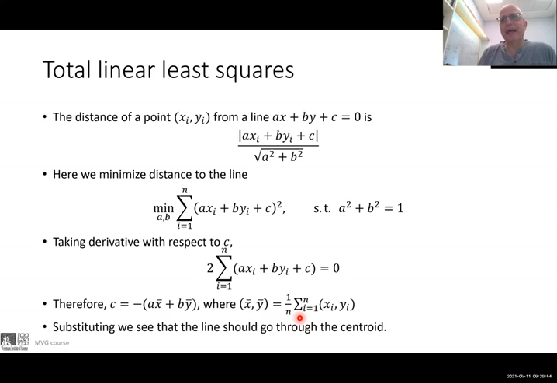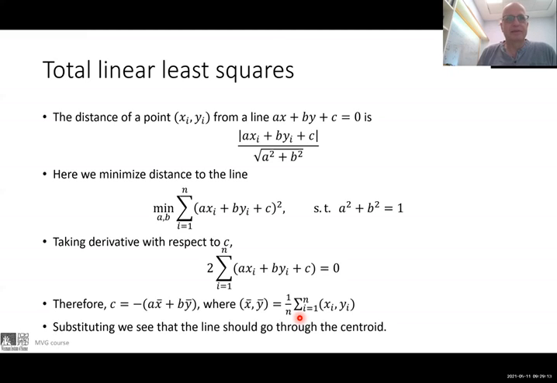So this implies that the best line, the line that minimizes this difference, will have to go through the centroid of the points. And that's typical in total least squares problems.